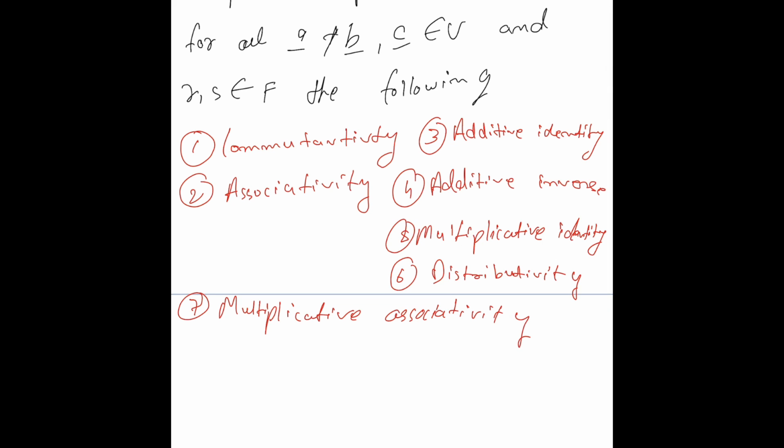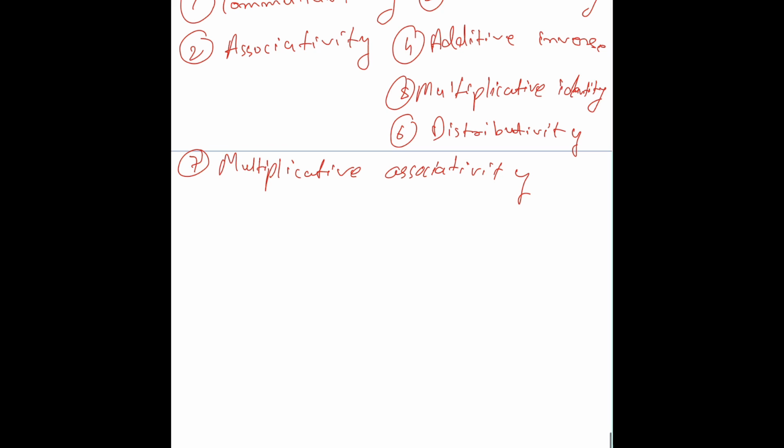If all these properties hold for some set V, then we can say that it's a vector space over a field F.